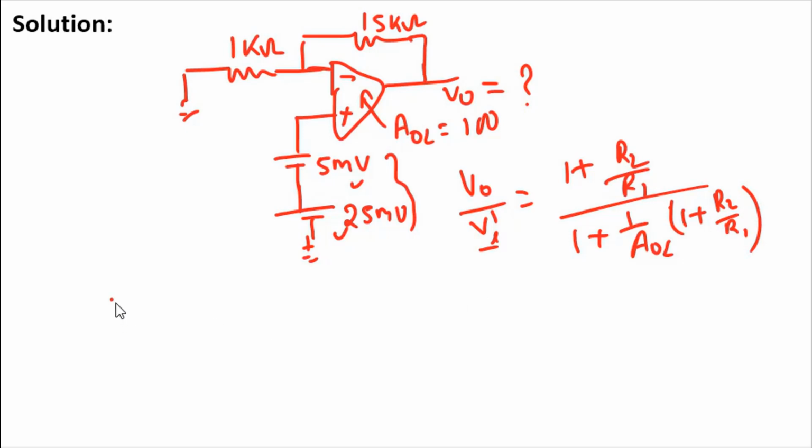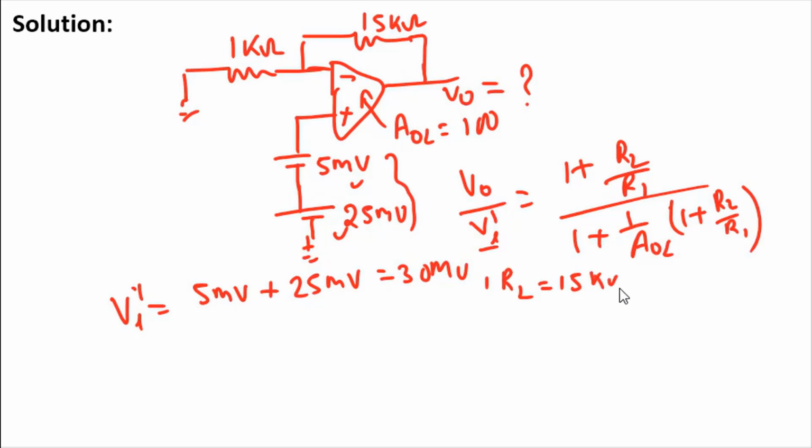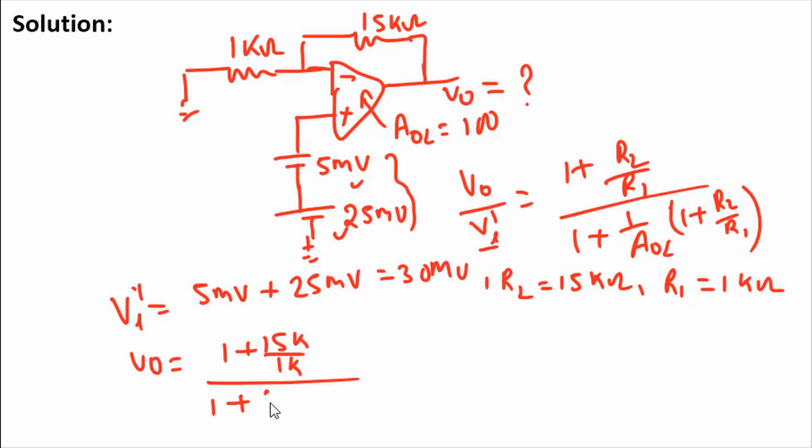So you can put Vi prime equal to 5 millivolt plus 25 millivolt, which is equal to 30 millivolt, and R2 as 15 kilo ohm and R1 as 1 kilo ohm. Then you will get V0 equal to 1 plus 15k upon 1k over 1 plus 1 over 100 into 1 plus 15k over 1k into 30 millivolt.